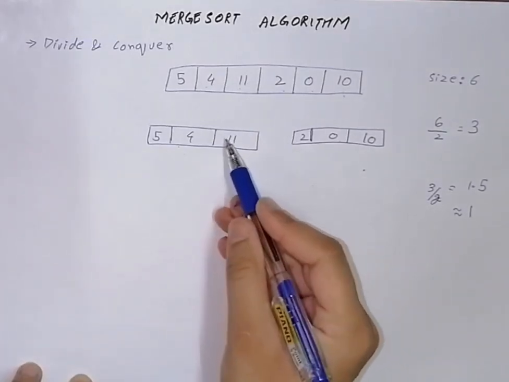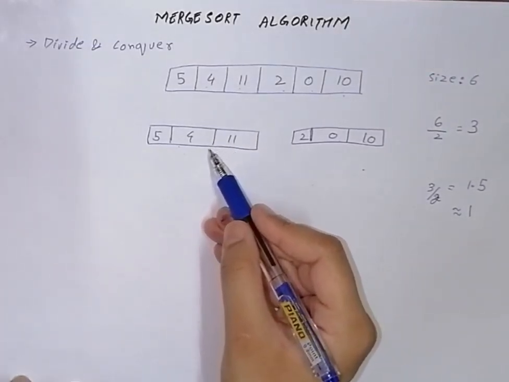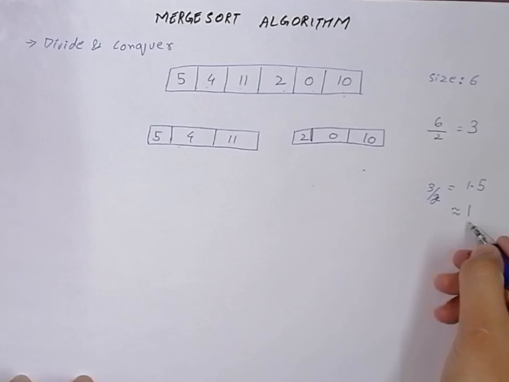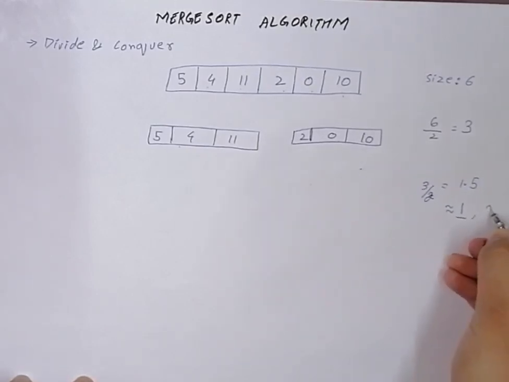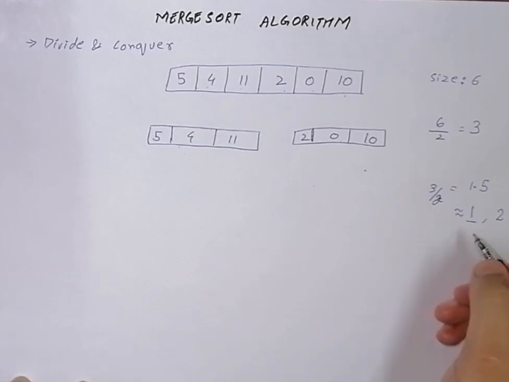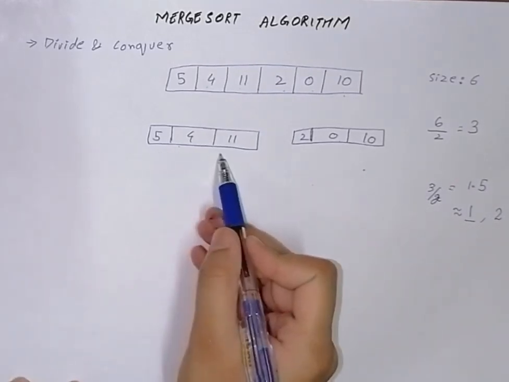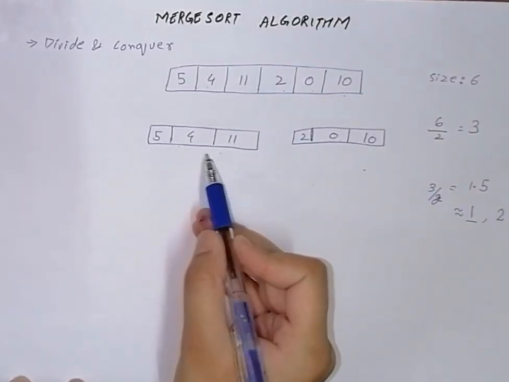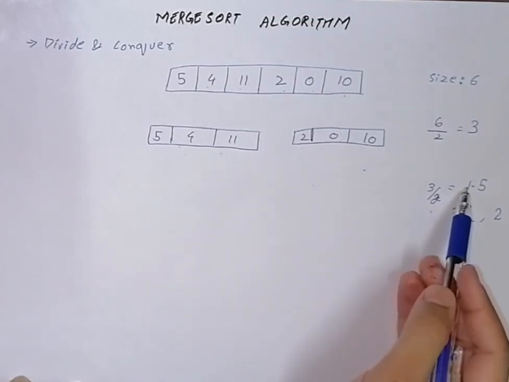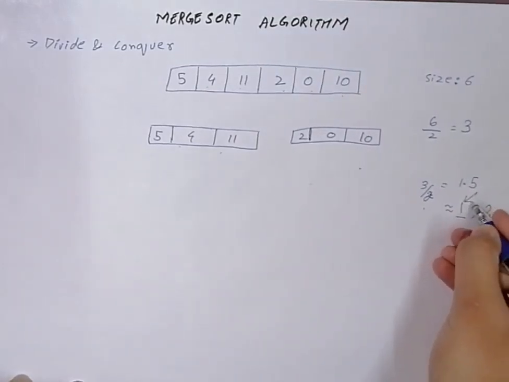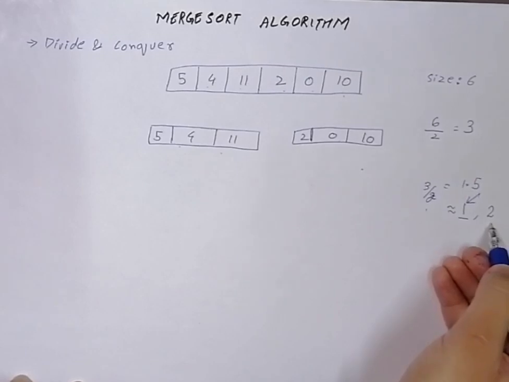Since I have to divide the array into two parts, one side would have one element and the other side would have two elements. Why? Because the size of this array is 3, and 3 divided by 2 is 1.5, which I am considering as 1, so 3 minus 1 is 2.